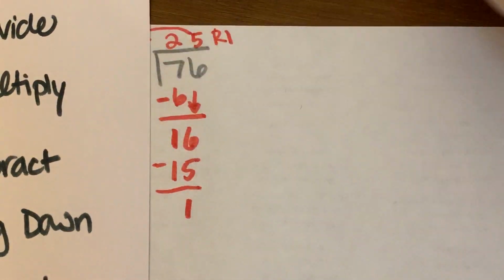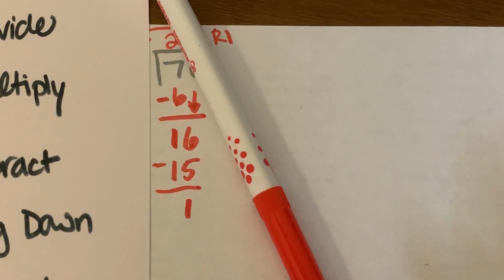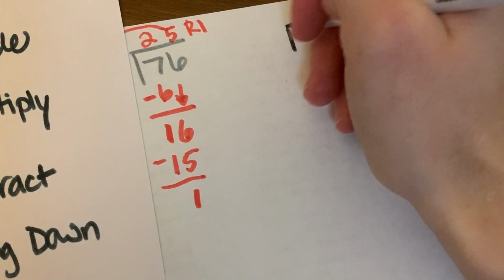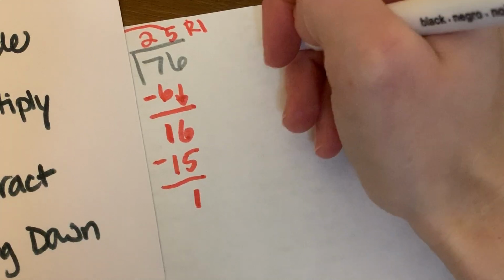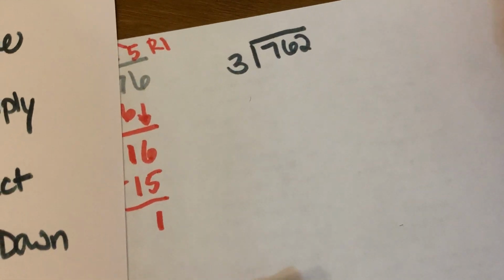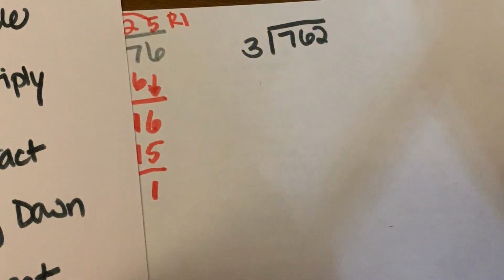Same process we're gonna do with just one that's a little bit of a bigger number. So let's do 762 divided by 3. All right, go ahead and try it.